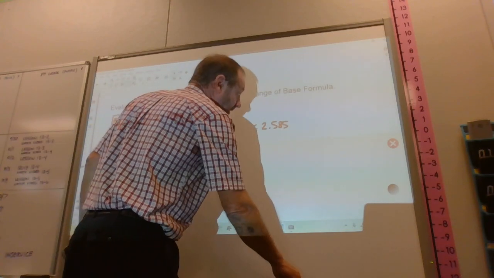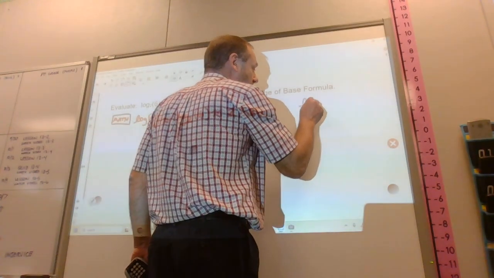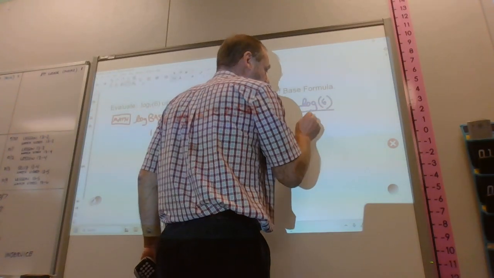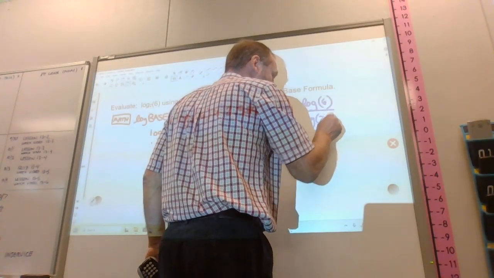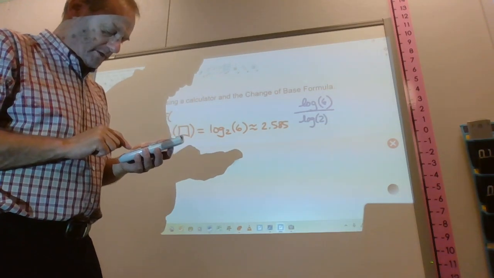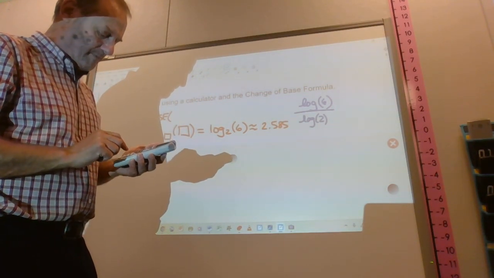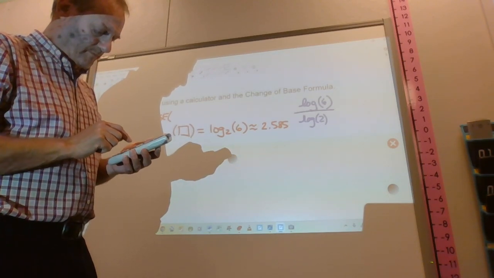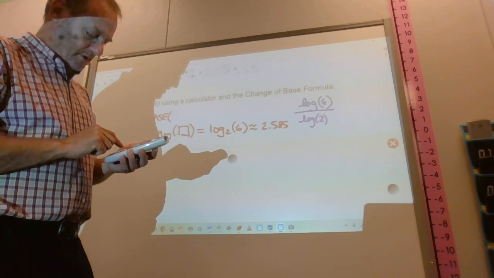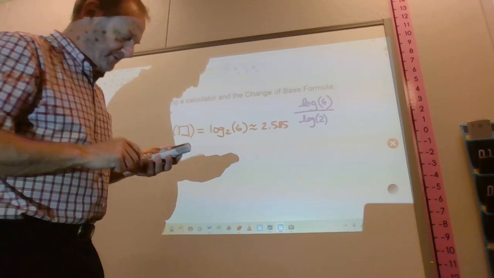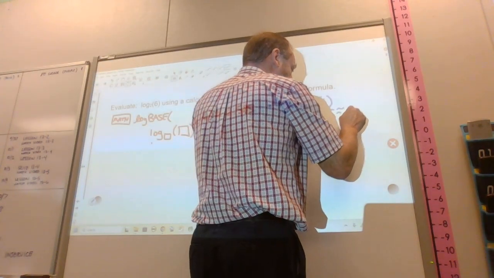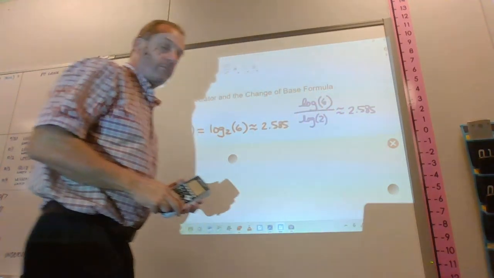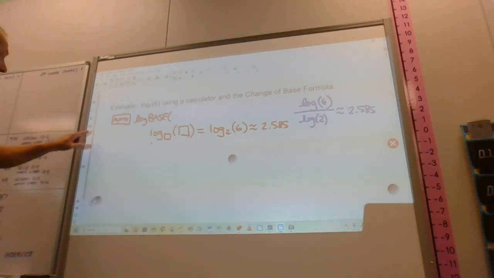Now, if I'm going to do it the other way, with the change of base formula, I'm going to go log of 6 divided by log of 2. Log 6, close the parentheses, divided by log 2, close the parentheses, and I get 2.585, approximately.